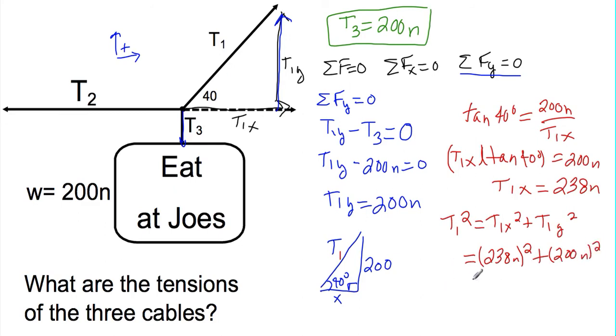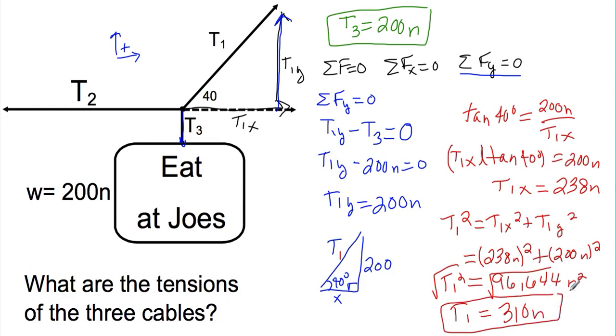And when I add these together, I get 96,644, obviously using my calculator, newtons squared. Take the square root of each side, and I get T1 is equal to 310 newtons.